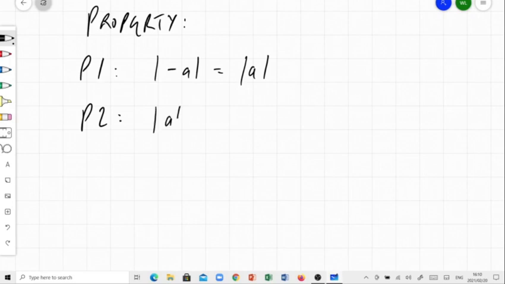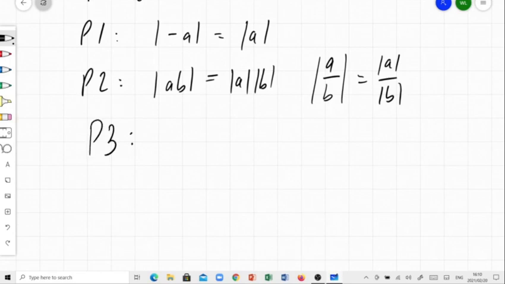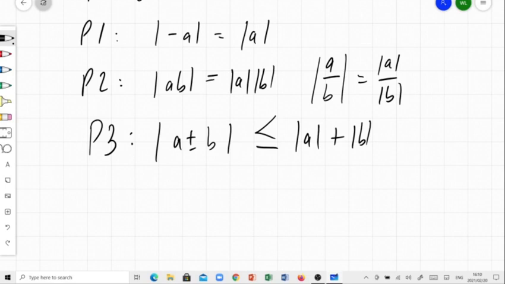The absolute value of a product is equal to the product of the absolute values, and the absolute value of a fraction or quotient is the quotient of the absolute values individually. Then we move on to the most important one, and that is that the absolute value of a sum or difference is bounded from above by the absolute values of the terms themselves.